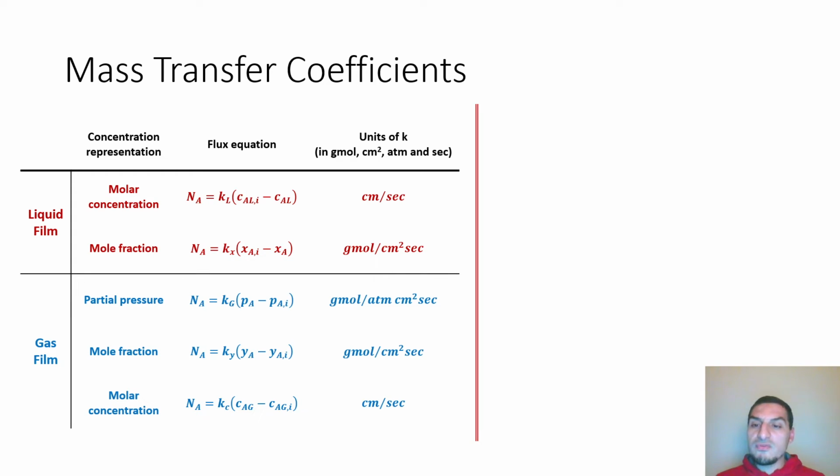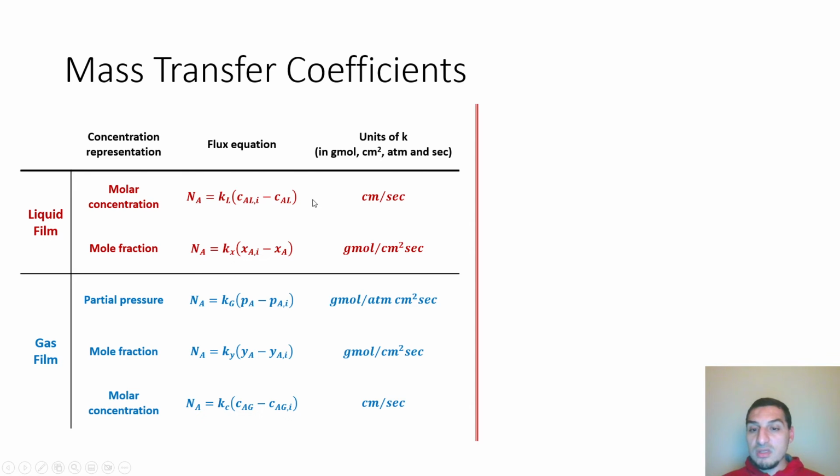So here we have the liquid film, and it is important to keep in mind that we are talking about two different phases. We have the liquid film, we have the gas film. In the case of the liquid film, we can represent the flux using two different methods.